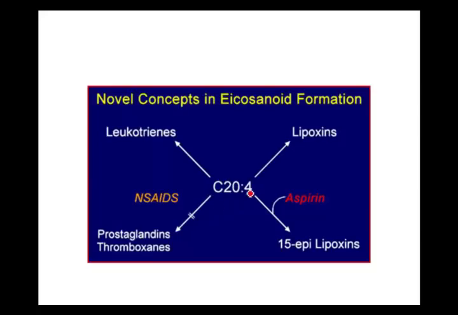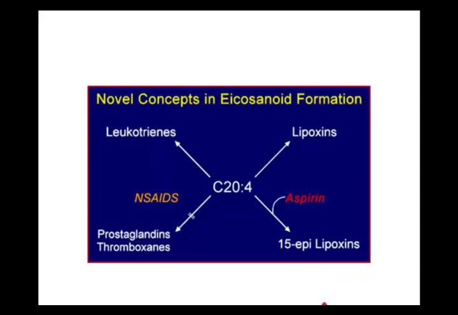If you give aspirin specifically, it converts these polyunsaturated fatty acids into what's called 15-epoxy or epi-lipoxins. And these compounds actually have potent anti-inflammatory capabilities that are just recently being unraveled.